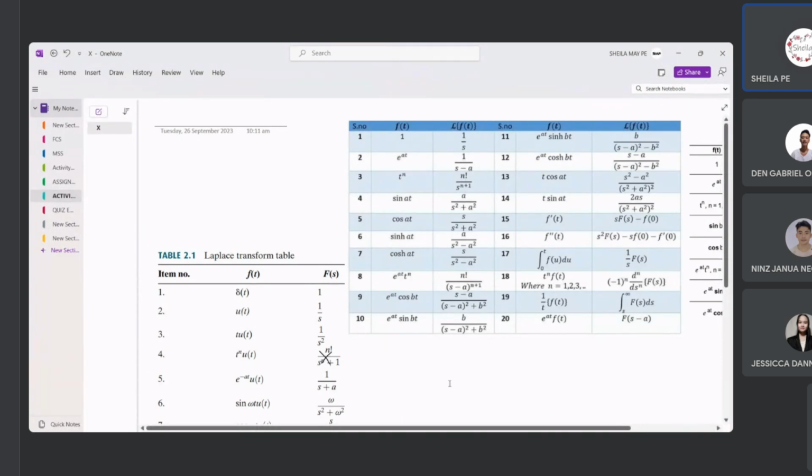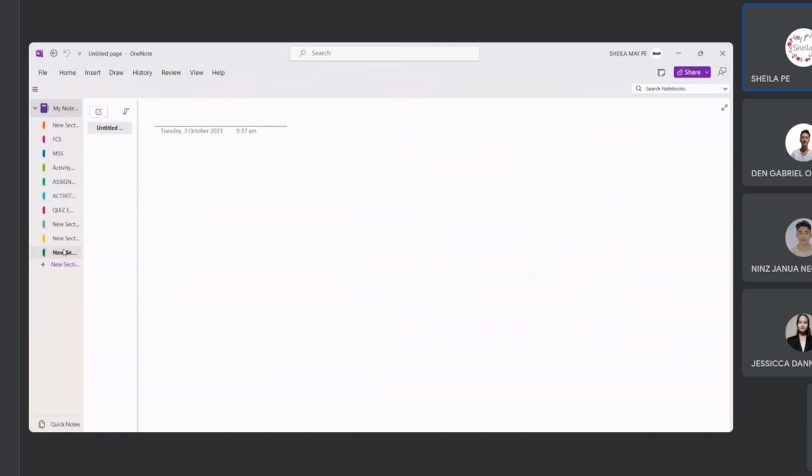You're given this one, and you need to transform it back into a function in the time domain. Follow?